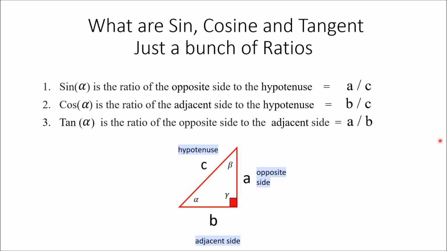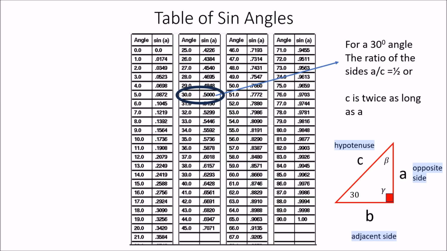Okay, so let's take a practical example now. First of all, talking about the table of the ratios again, you can look up these angles in a table like this, which shows that, for example, an angle of 30 degrees has a ratio of 1/2.